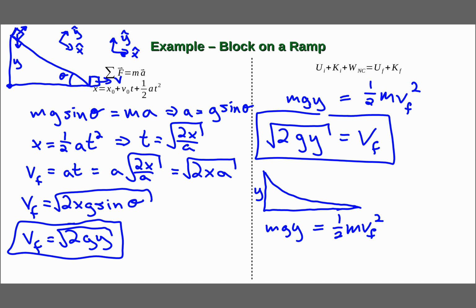It's the same exact problem with the same exact answer. And this is a notable finding for our gravitational potential energy. Without friction, it doesn't matter what the shape of the ramp is, or even if we drop something in free fall. If its height changes by some amount y, then we find the speed in this same way.